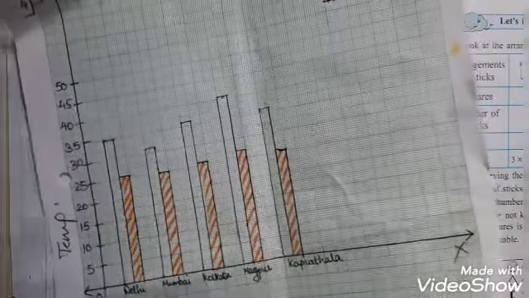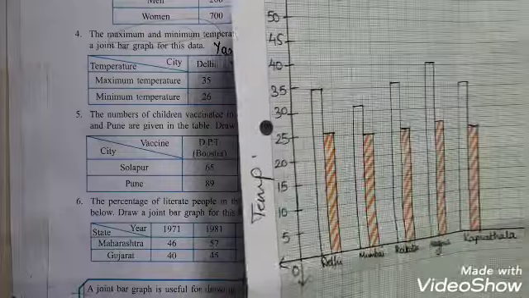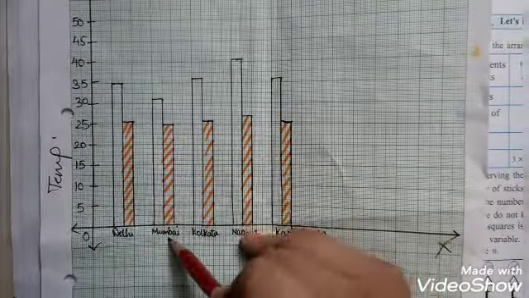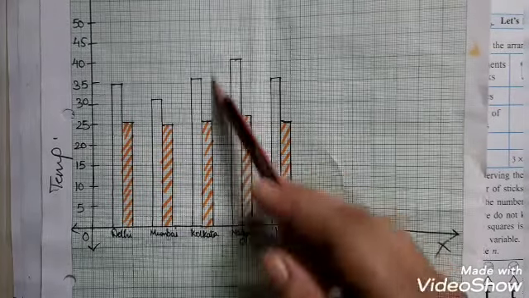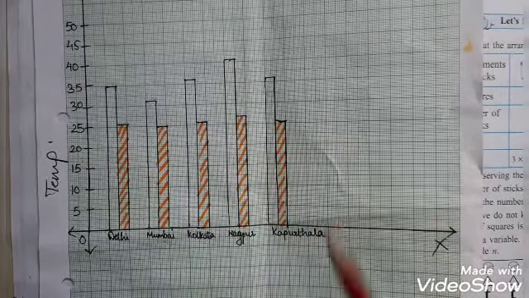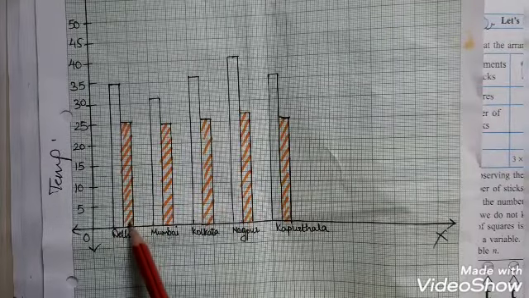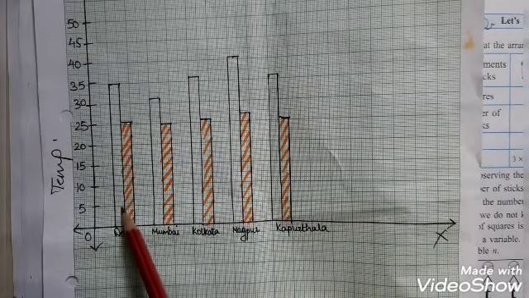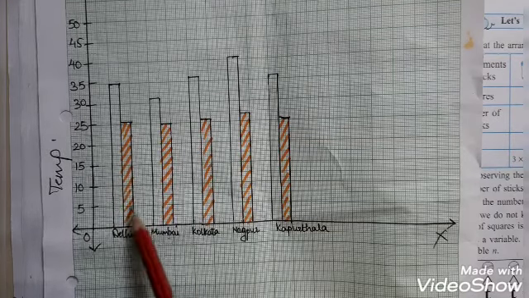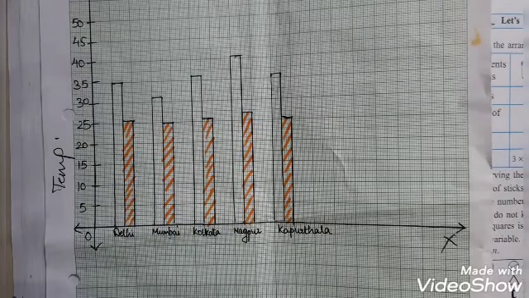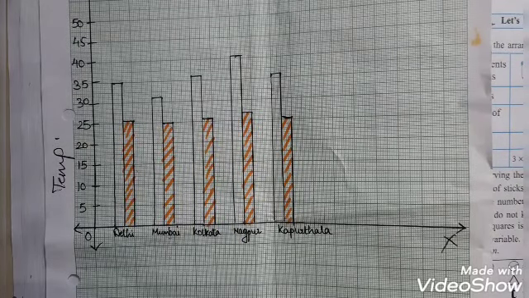That is Delhi. Then next, 32 and 25, Mumbai. Then like that you have to plot for Kolkata, Nagpur, and so on. Delhi is represented by blank, the maximum temperature is represented by blank, the minimum is represented by color, and after each you have to leave a 1 centimeter gap.